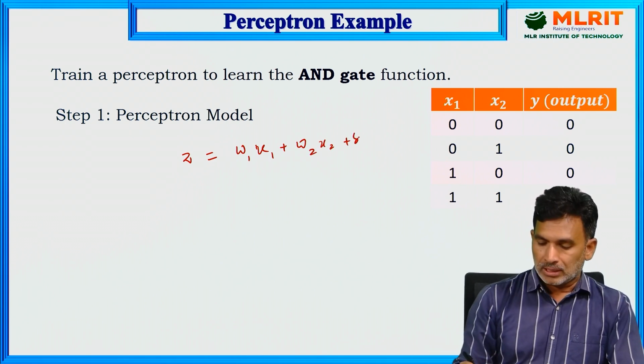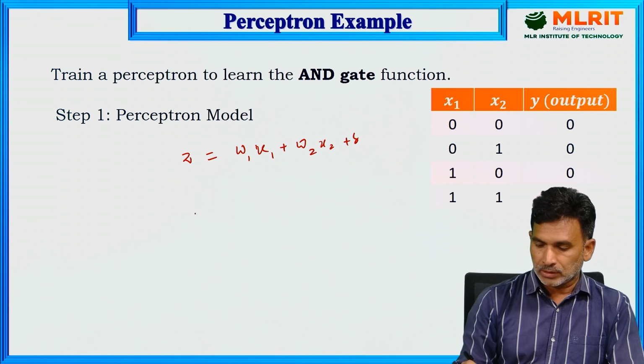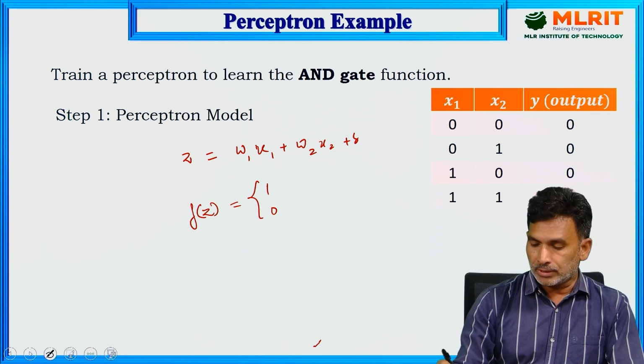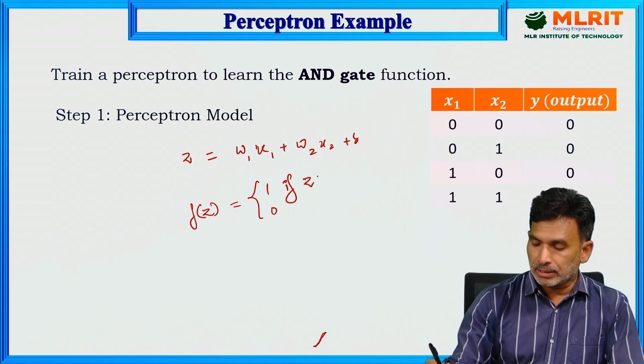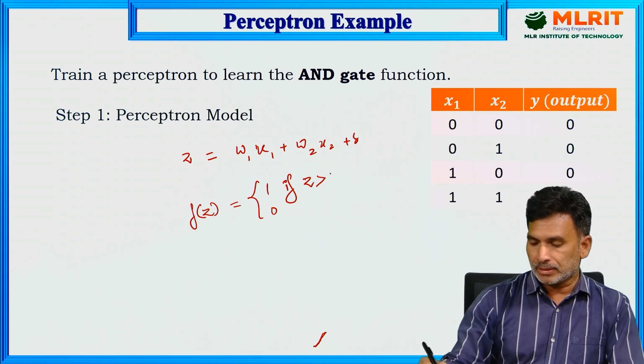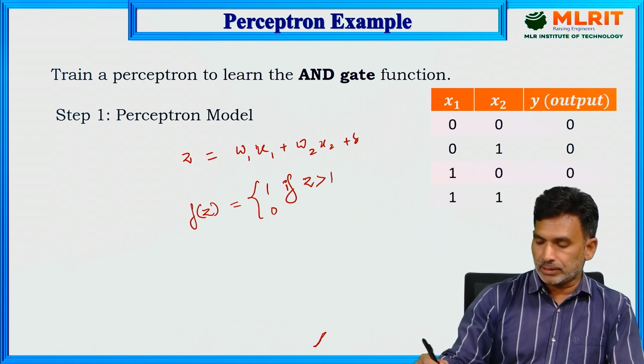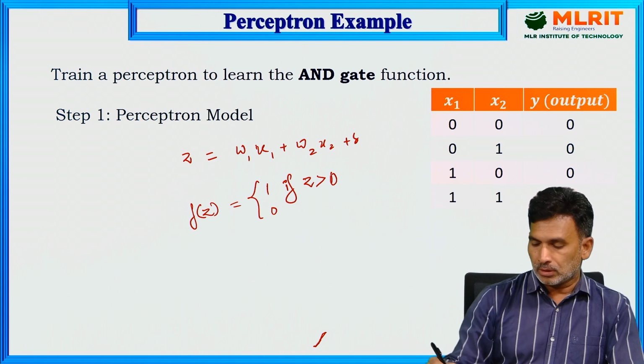Then the activation function f of G equals 1 if G is greater than 0, or else 0 if G is less than or equal to 0.